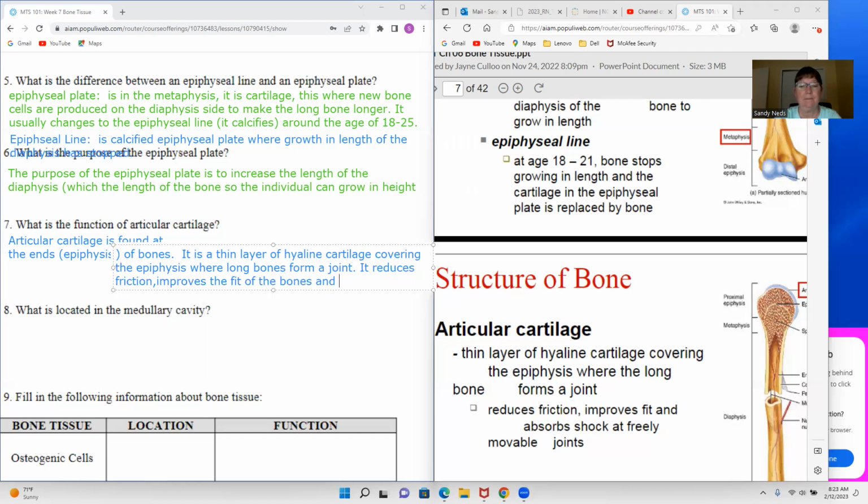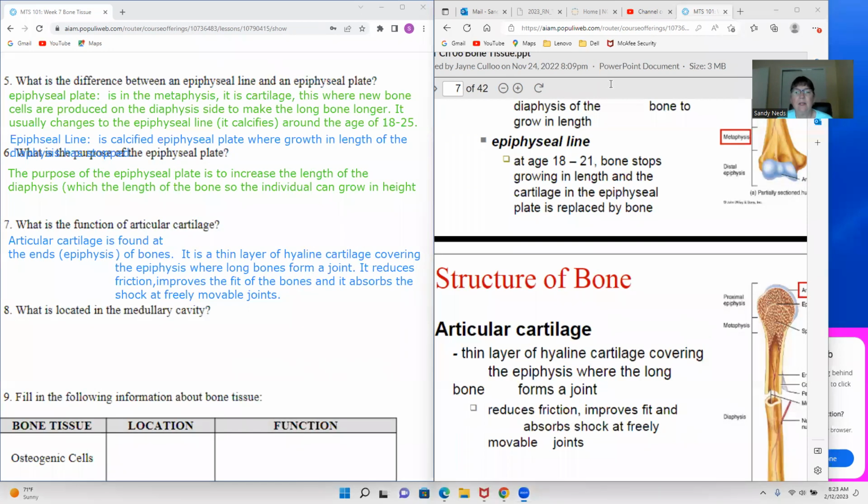And it absorbs the shock at freely movable joints. So every time I take a step, my bones come together and it absorbs that shock. So the articular cartilage does a lot.